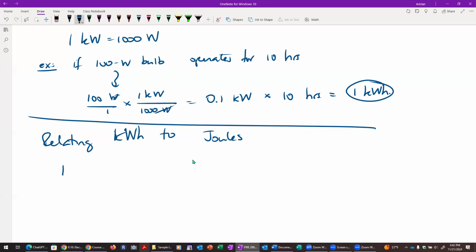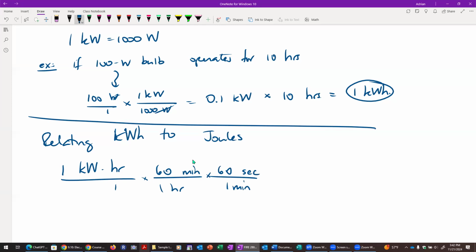Okay, so if I had 1 kilowatt hour, I know that for every hour, there are 60 minutes, and for every minute, there are 60 seconds, right?